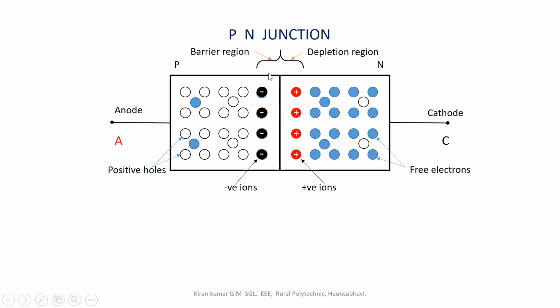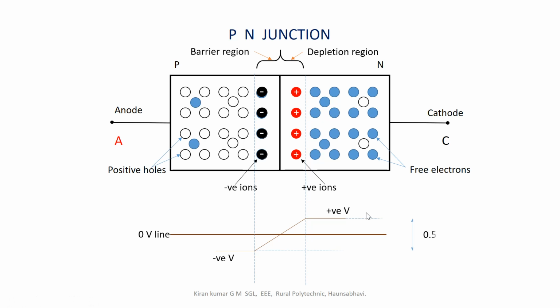In this depletion region or in this barrier region, due to the presence of these positive and negative ions on either side of the junction, a voltage gradient is created from this negative charge potential through this positive charge potential, and this would be typically of the order of 0.5 volts.